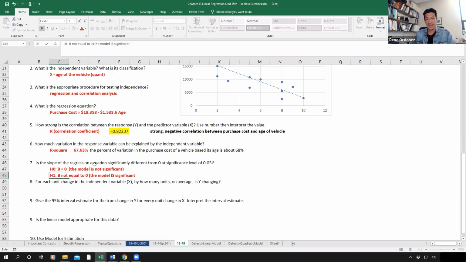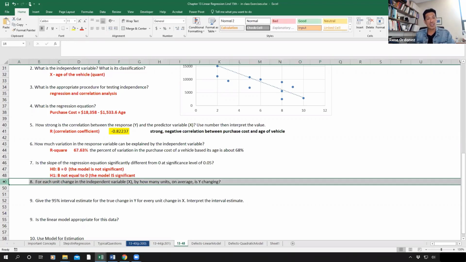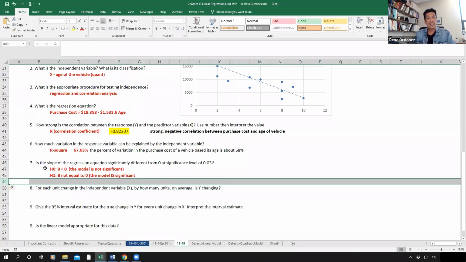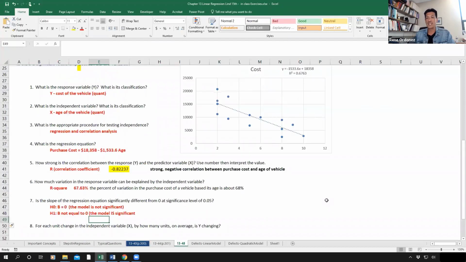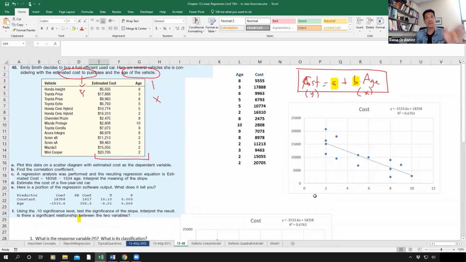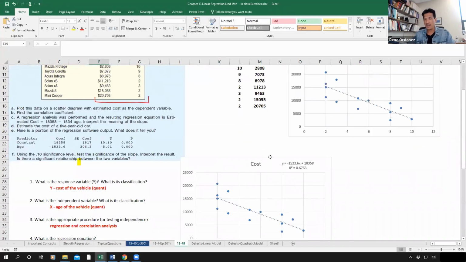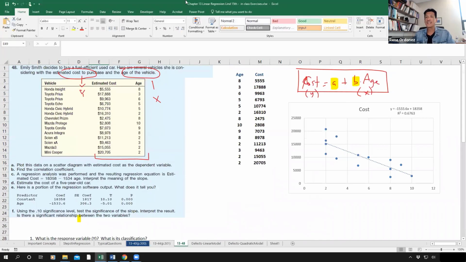Okay? And for us to render a conclusion on the slope test, we will have to run the regression, ANOVA regression. So I'm going to do that here.